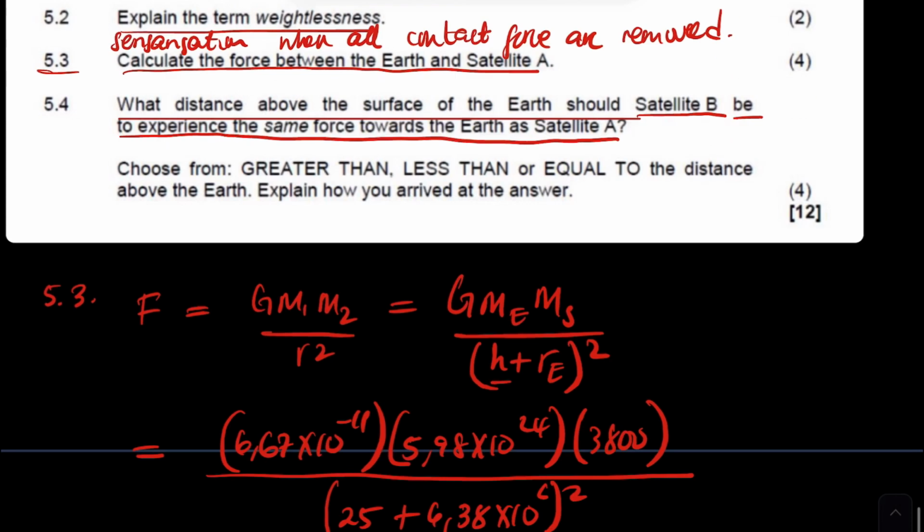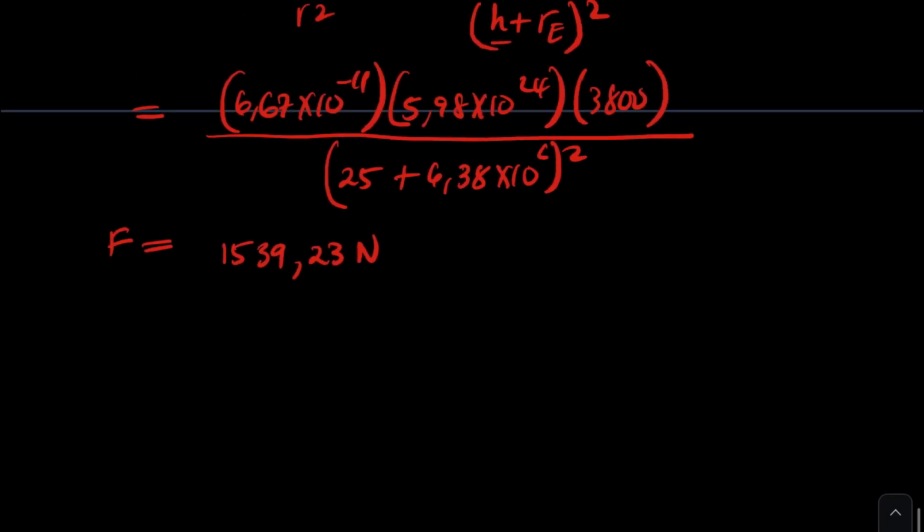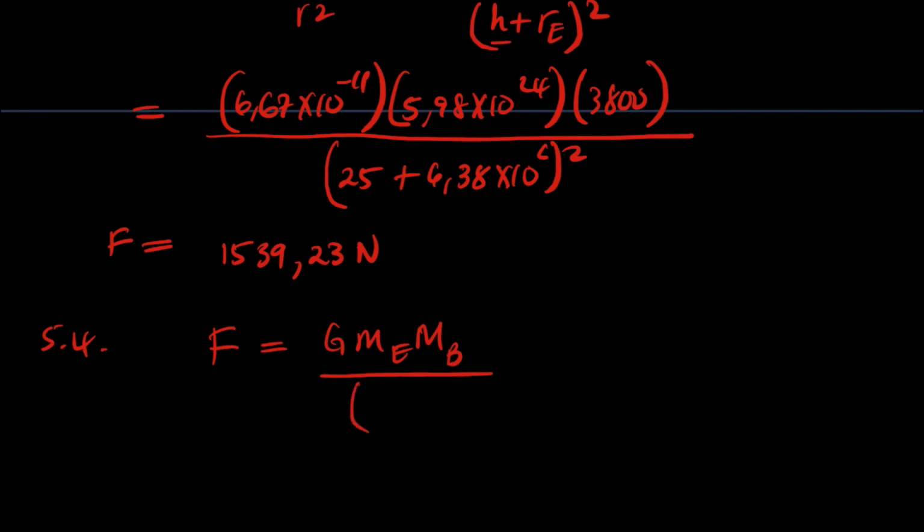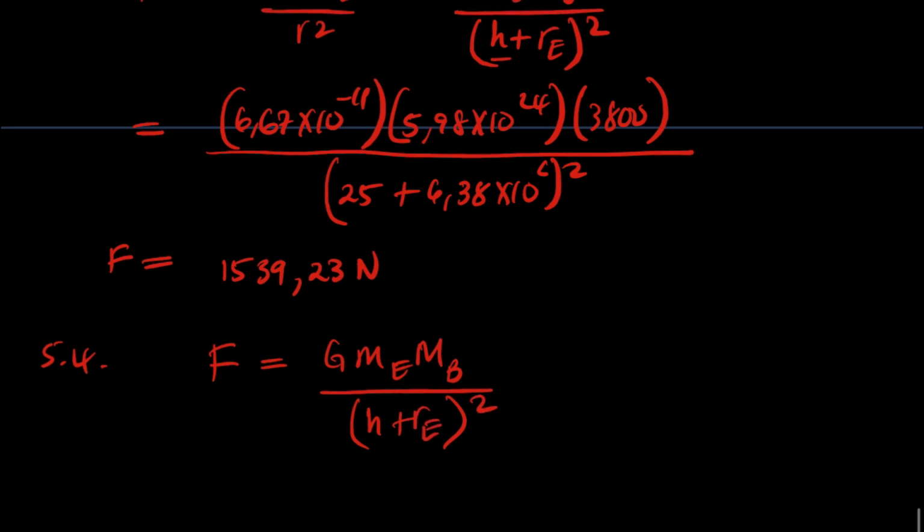To calculate that, we need to involve the distance. So force is equal to G mass of the Earth multiplied by the mass of satellite B, over, we want the height now. So in r, it's the height plus the radius of the Earth, squared.